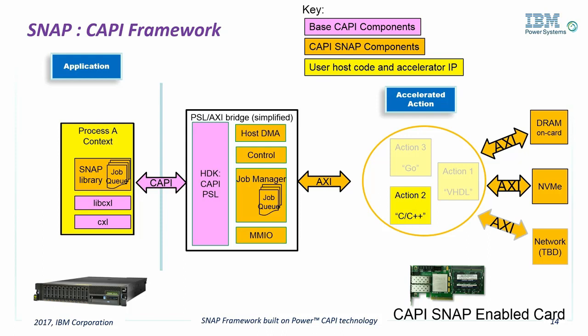The action code can be written in C or C++, VHDL, Verilog, or other languages supported by the FPGA tools. On the host side, the application will use a function call to request the accelerated action.